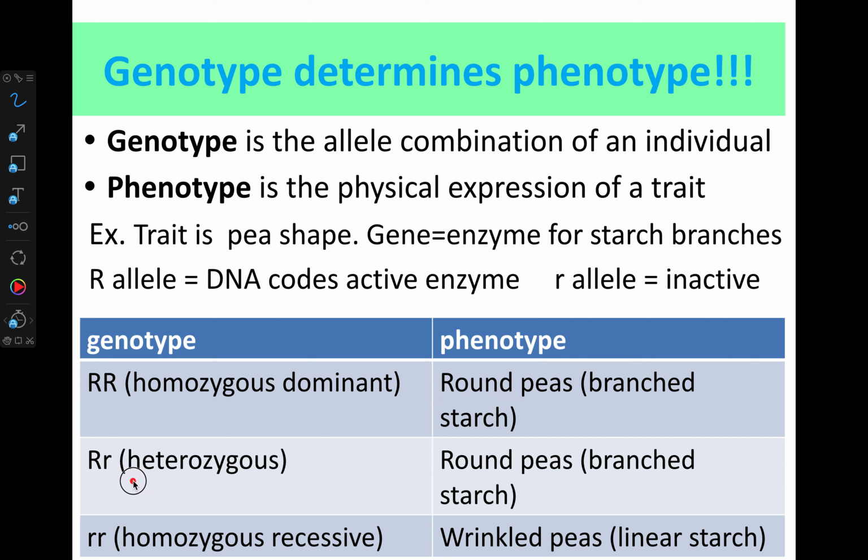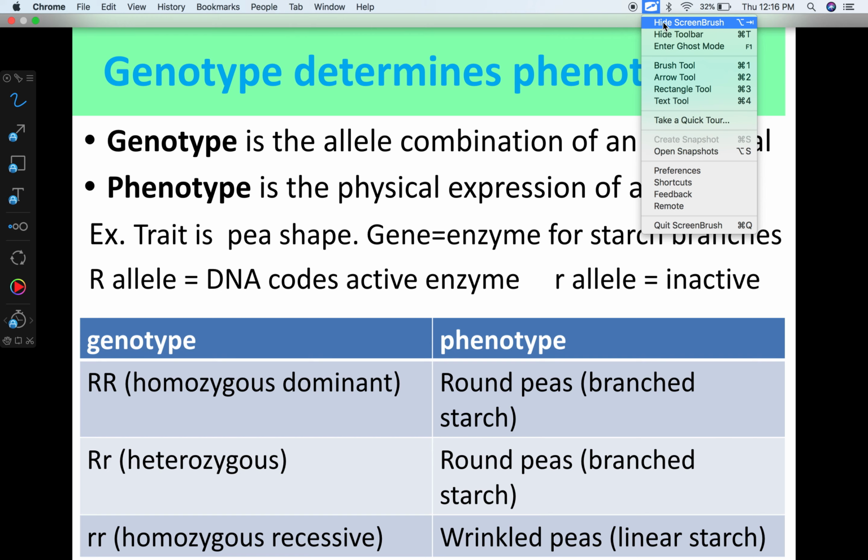So if we get a heterozygous, where they're two different, that's also going to be round because you have that dominant allele, that capital R. Only when you have a homozygous recessive, little r, will it become wrinkled, which is the recessive trait. So again, genotype is the allele combination, the letters, and phenotype is the physical expression of the trait, what you're actually looking at.